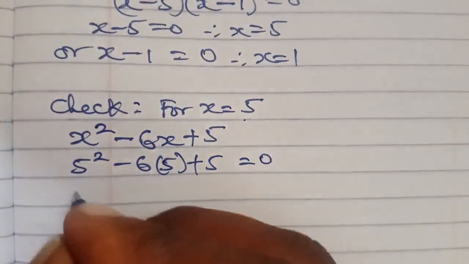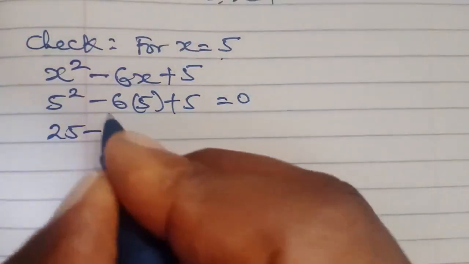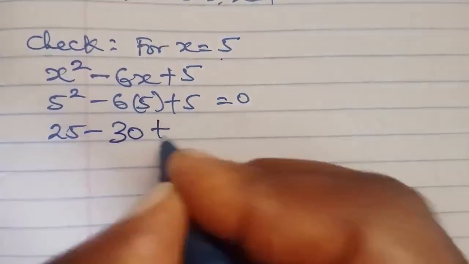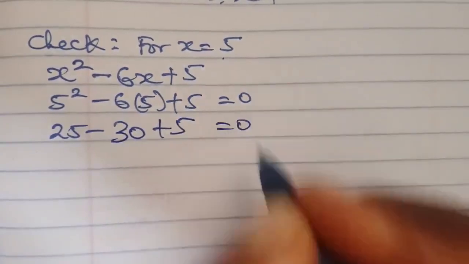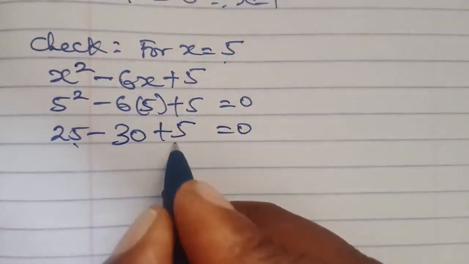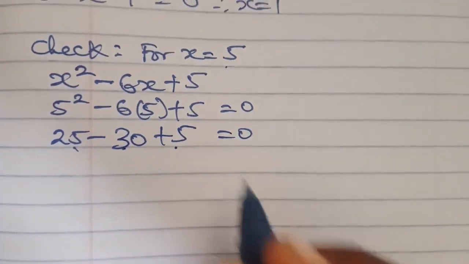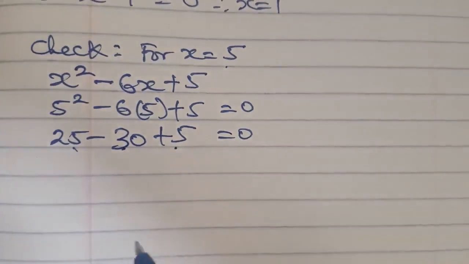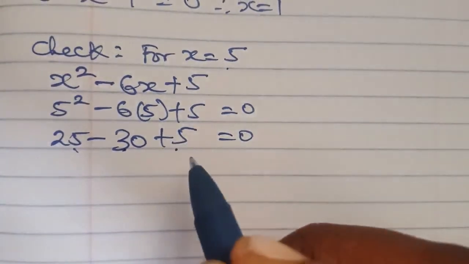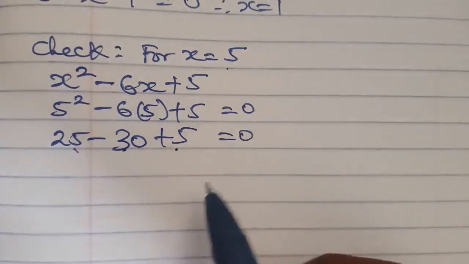Now, 5 squared is 25, and here is 30 plus 5. Let's see whether it will be equal to 0. Here and here is 30, and 30 minus 30 is 0. So they're correct. Feel free on your own to also check for x equal to 1. It will still give you 0.